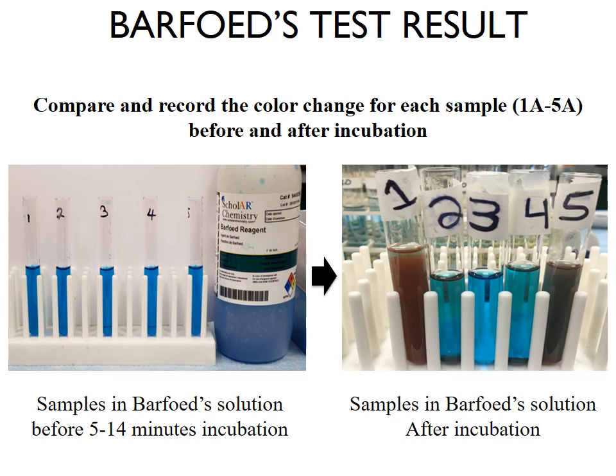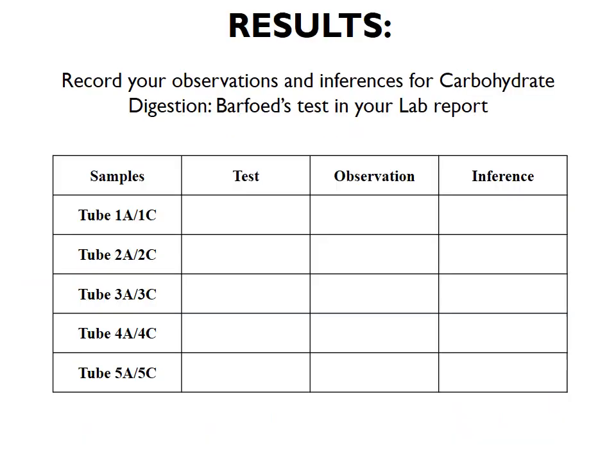Before, you can see that the tubes look bluish in color, and then after 15 minutes, you could see the changes in the test tubes, especially 1 compared to 5, which is a positive control. The same thing, you need to fill up the forms and attach it to your lab report.